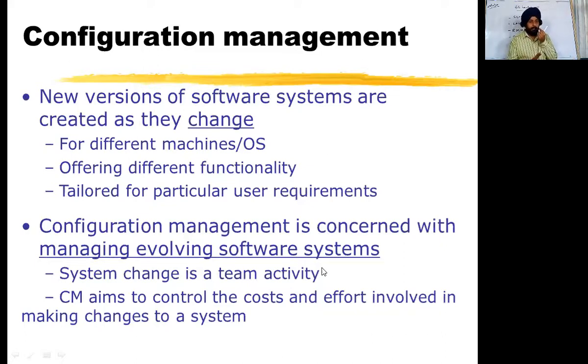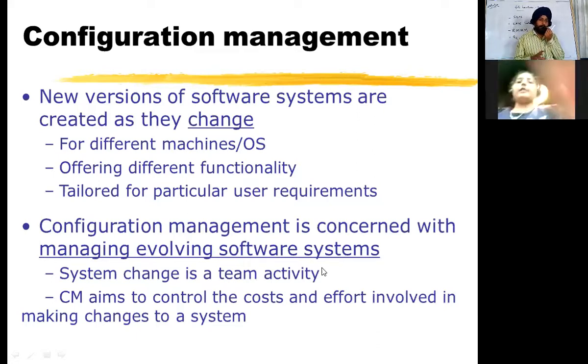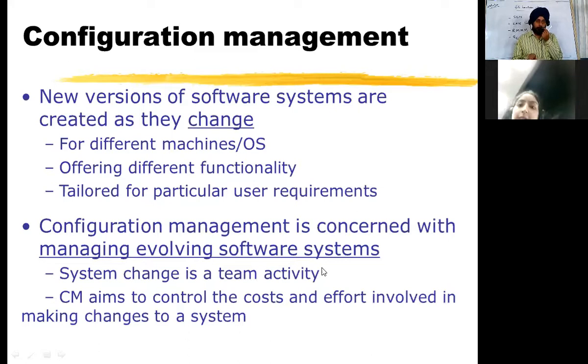So configuration management is concerned with managing evolving software systems. Whatever different things are coming into your software systems from time to time, we have to manage all these changes. Software configuration management aims to control the cost and effort involved in making changes.